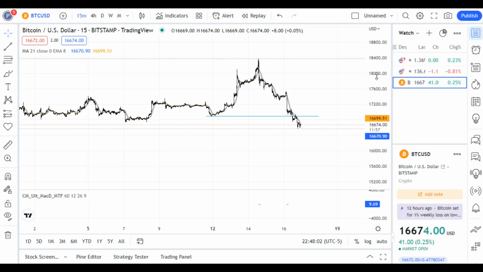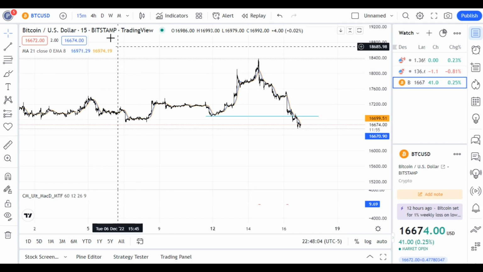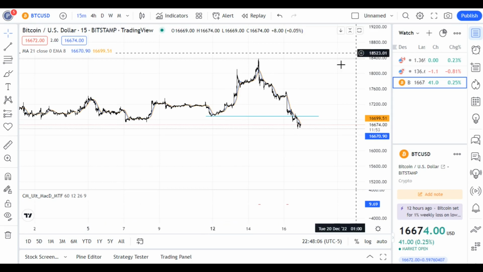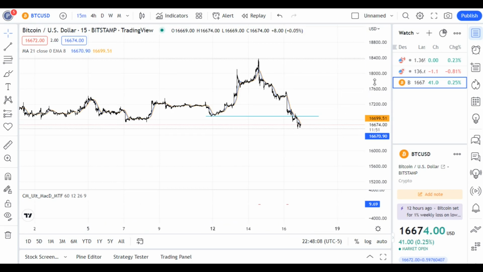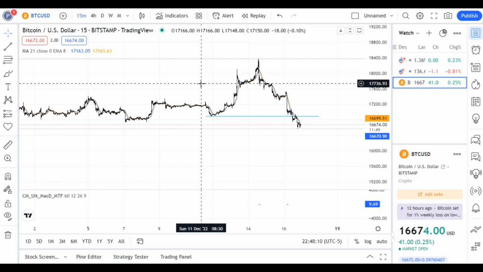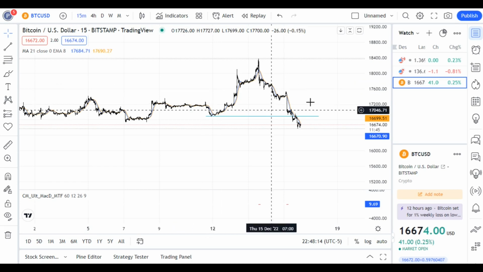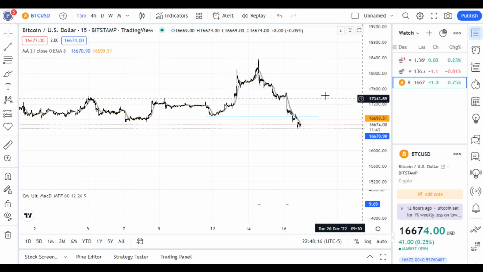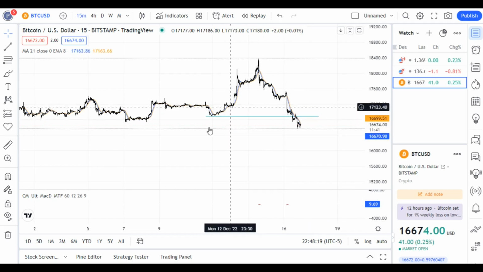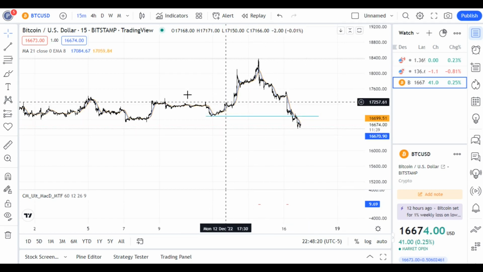So it's very important to track these levels, as well as the main strategy to get consistent results in the market by using the larger time frames.